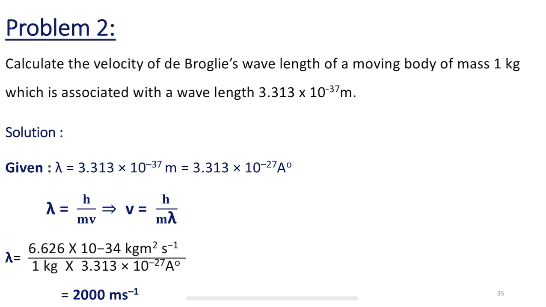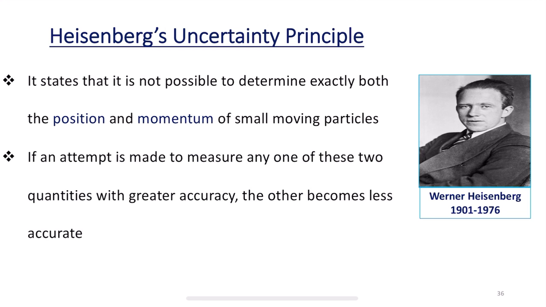Next is Heisenberg's uncertainty principle. This is also a very interesting topic in quantum chemistry. Heisenberg's uncertainty principle states that it is impossible to determine exactly both the position and momentum of small moving particles. This is Werner Heisenberg.